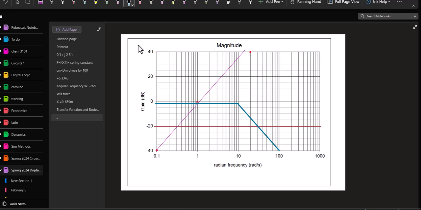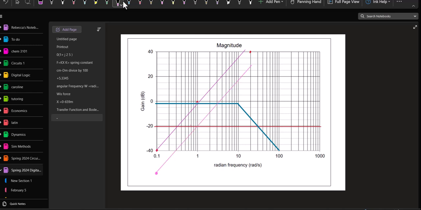All right, so now if we want to add all these together, here at 0.1, we had a negative 40 and a negative 20, so we'd be all the way down at negative 60 right here. And then the slope is going to be a positive 40, so it will just follow along parallel to the magenta line until we get to the quadratic pole.